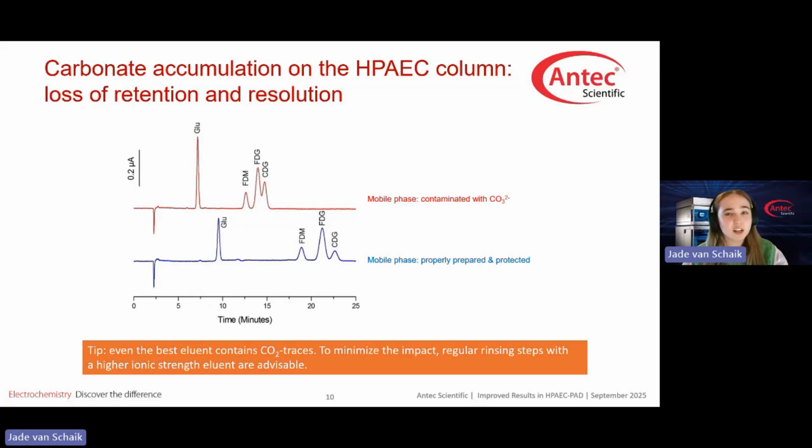But we intentionally opened the bottle and allowed the CO2 from the atmosphere to be absorbed. Just compare the two chromatograms. You can see the dramatic difference. Not only do the retention times vary, but sensitivity, selectivity, and resolution do as well. This demonstrates the effect of the contamination we described, carbonate.